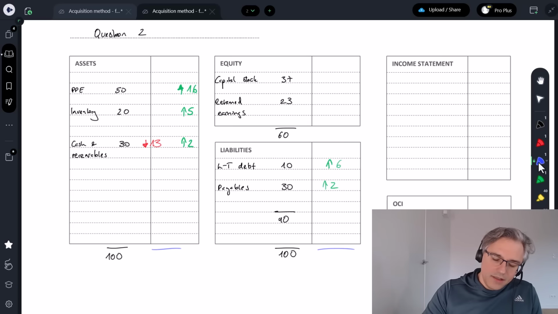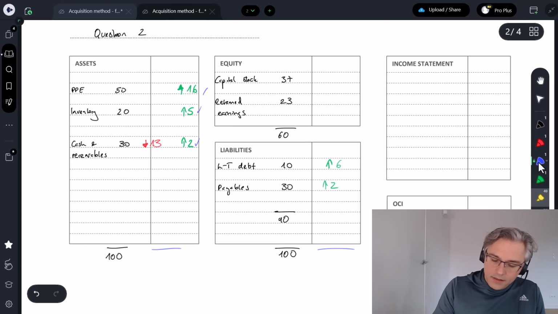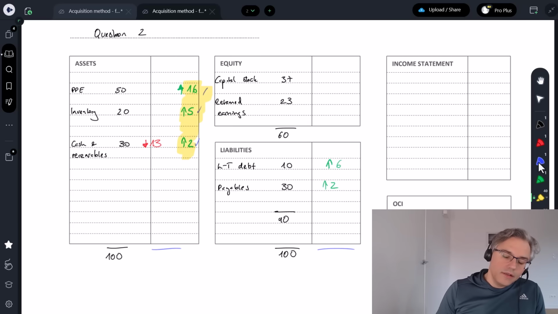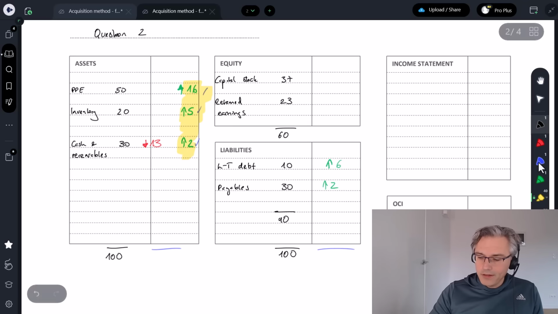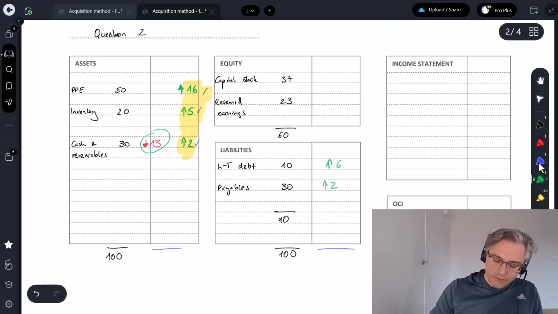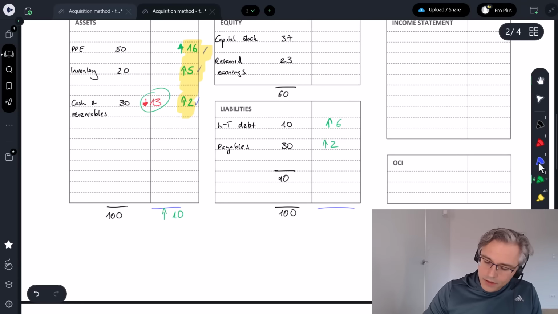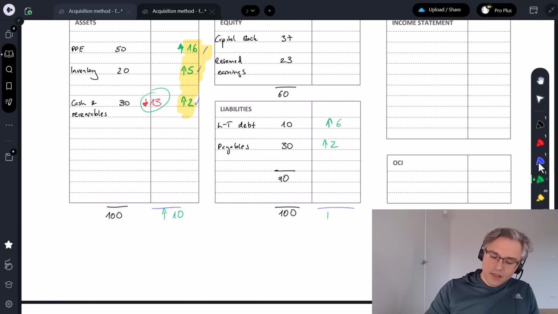So 16 plus 5, that's 21, plus 2, all these items which I've highlighted in yellow, give 23. 23 minus 13, the outflow of cash, gives net growth of 10. And obviously on the other side, I don't have 10, I only have 6 plus 2, which is 8.